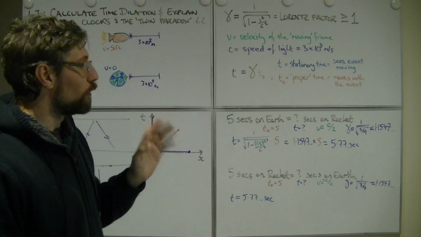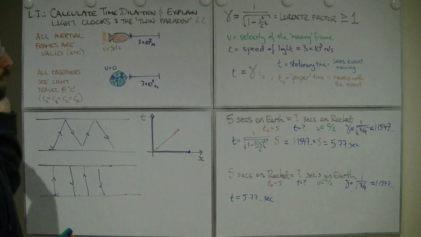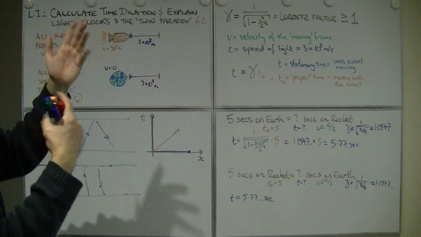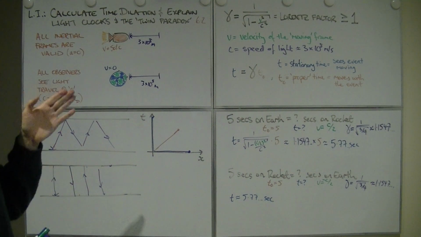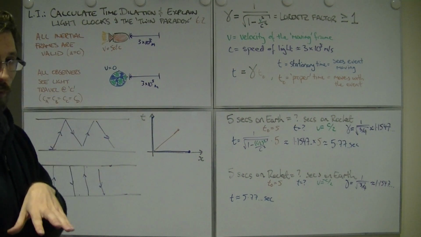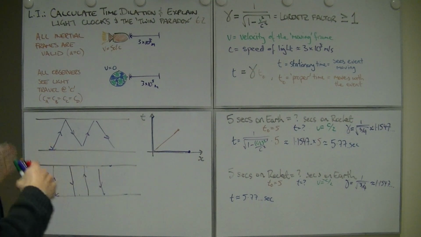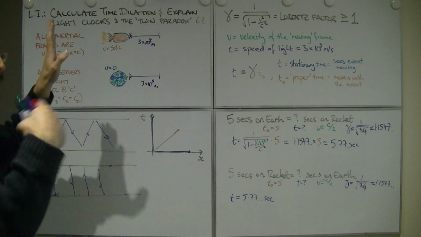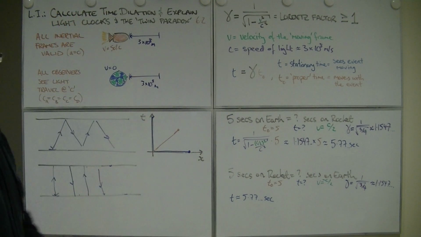So if you are observing an object move relative to you, you will see its clock ticking slower than your own. So if you observe something moving, it will appear to be moving slower through time than your own time. So that's the basic gist of that.